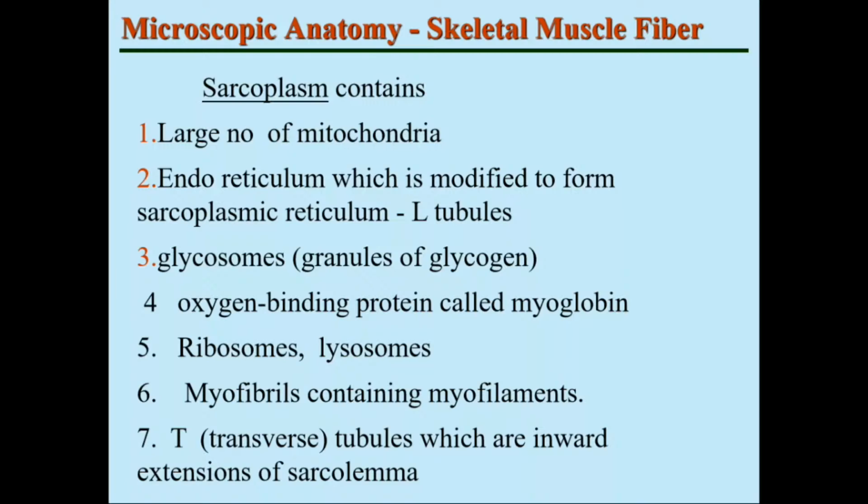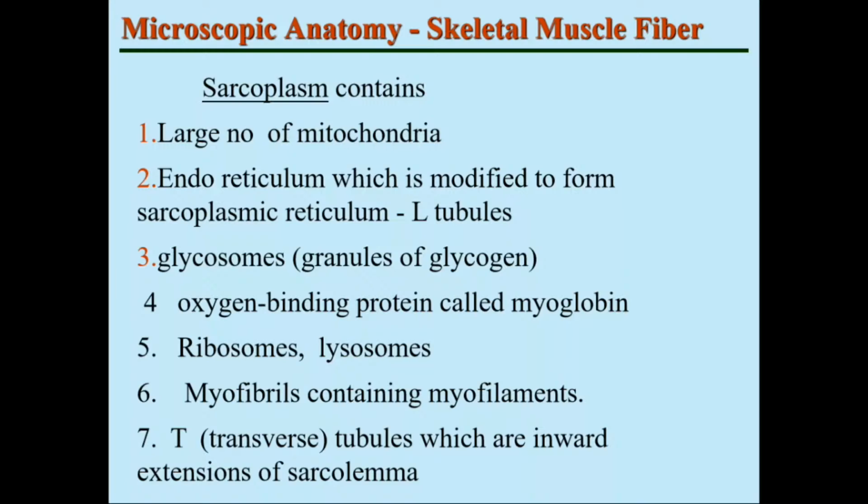The endoplasmic reticulum in the skeletal muscle is modified to form the L tubules of the sarcoplasmic reticulum. Of course, sarcoplasmic reticulum means the endoplasmic reticulum in a muscle cell. Basically, endoplasmic reticulum is a network of tubulovesicular structures.